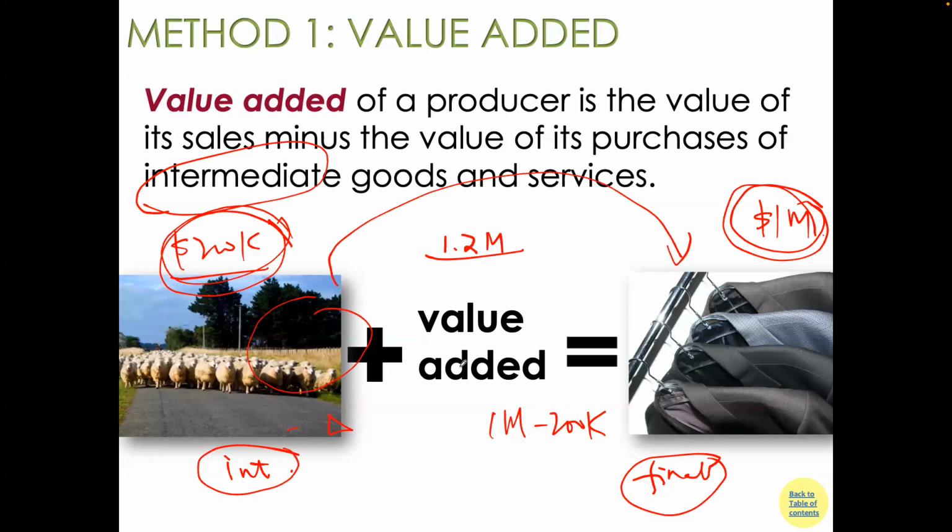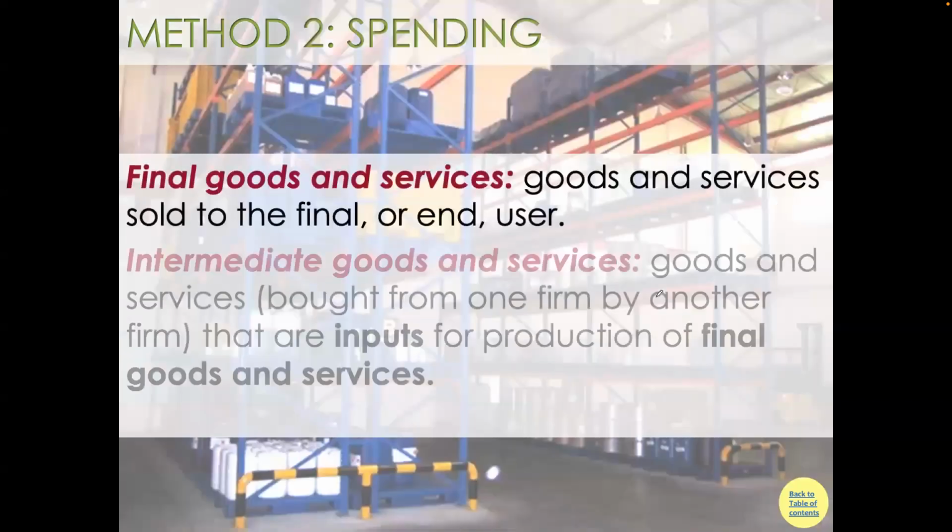This is clear. We have more examples to come. So we look at value added, or in other words, we look at the final goods. You either look at value added, which is 200,000 plus 800,000, or you look at final goods, where the only final good is here. So it's equivalent, and it avoids double counting. Is this clear?